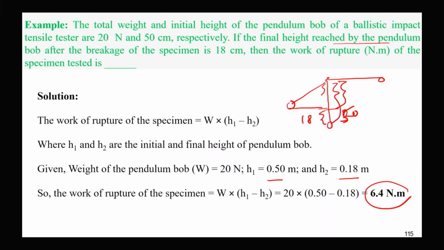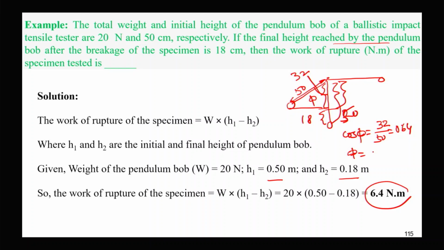So this distance will be 32 and here the length of the pendulum is 50. So cos phi, where phi is the angle beyond the vertical line, will be 32 by 50, 0.64.